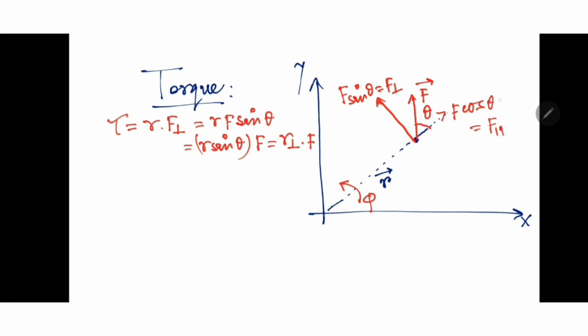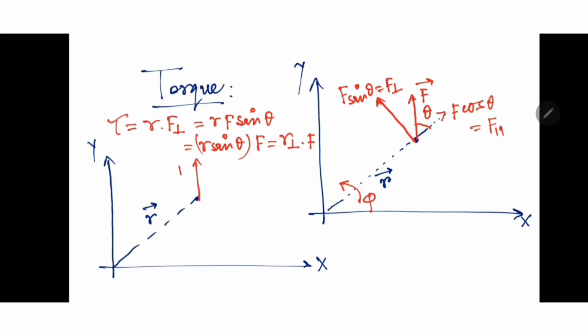Let's draw its diagram. Here is the object situated at a distance of r vector. Here is F vector acting at an angle of theta.